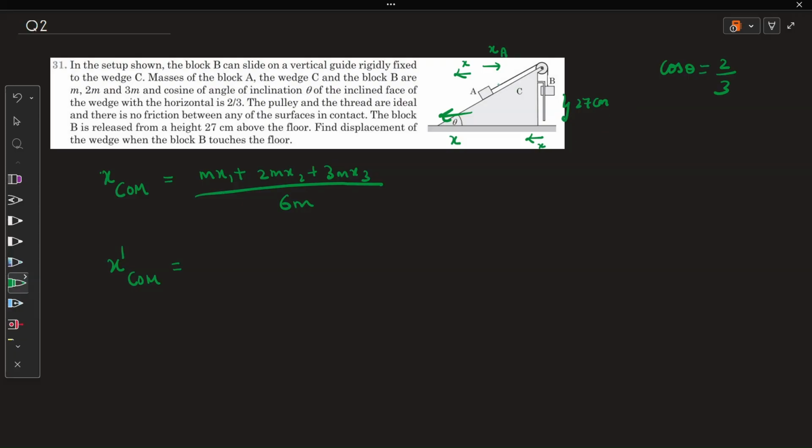If it is traveling 27 centimeters in this direction, it should travel some xa, right? So xa by 27 is nothing but cos theta. xa is in this part and 27 is in this part. So cos theta is nothing but 2 by 3. So xa is nothing but 18 centimeters.